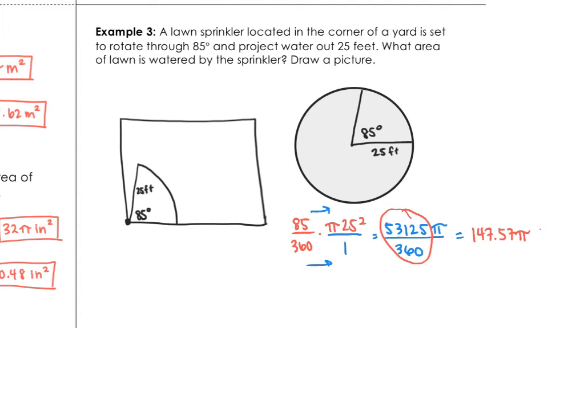And my units are feet squared. So there's my exact answer. Now to get my approximate, I do 147.57 times 3.14. You get 463.37 feet squared.